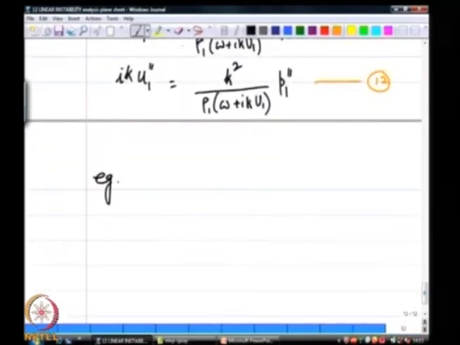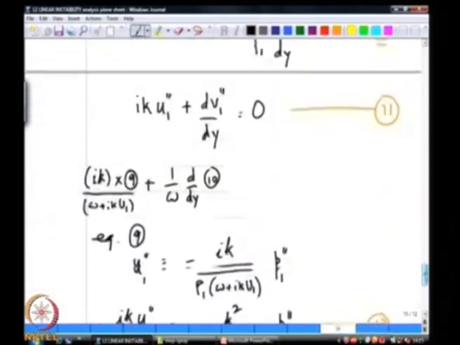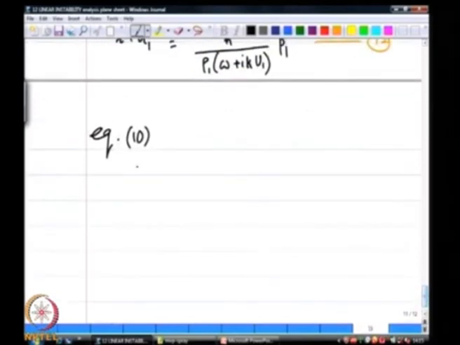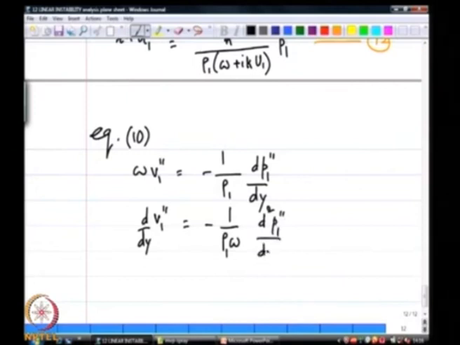Now, equation 10 is omega v 1 prime. If I take the derivative of this with respect to y, I will call this equation 13.